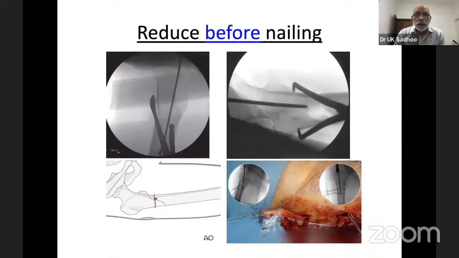So once again, it is not the job of a nail to reduce the fracture. You have to reduce and hold it to negotiate the reamer after passing the guide wire and the nail through into the distal part.